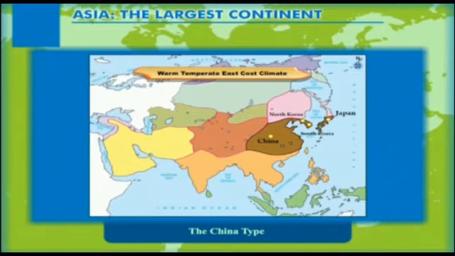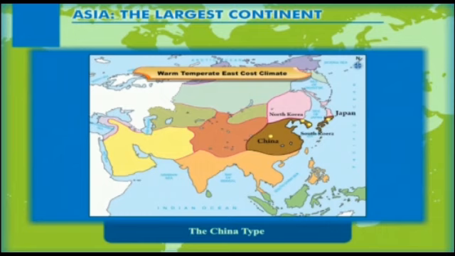So next we have the China type, also known as the warm temperate east coast climate. This type of climate, as you can see there in the map, is experienced by the region covering central and eastern China, southern Japan, and southern Korea.